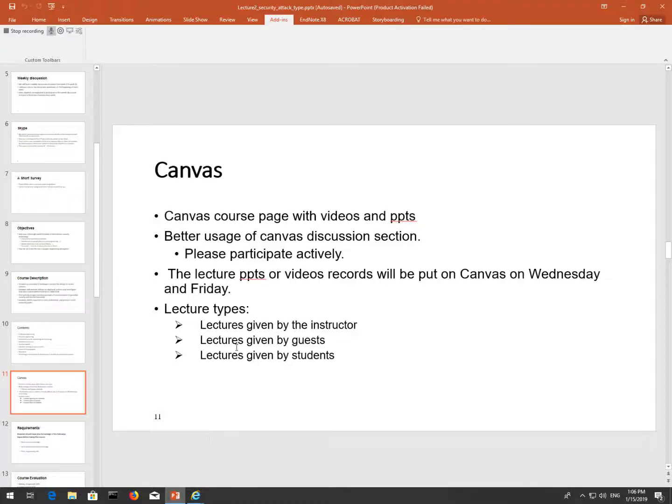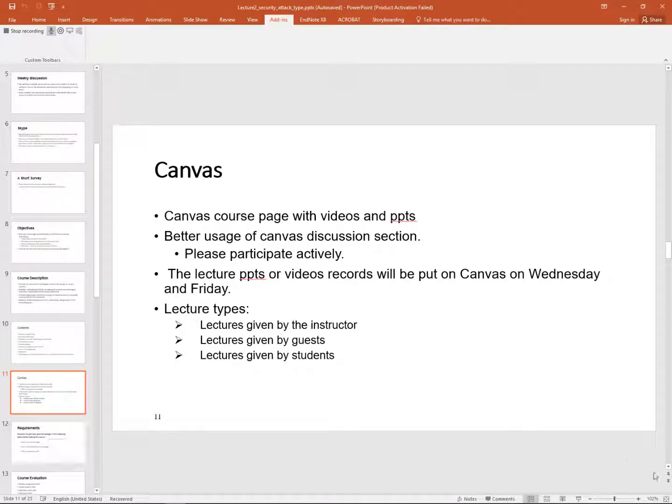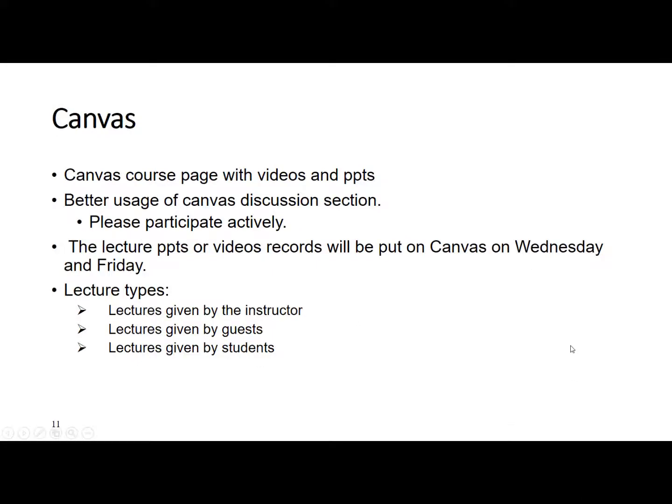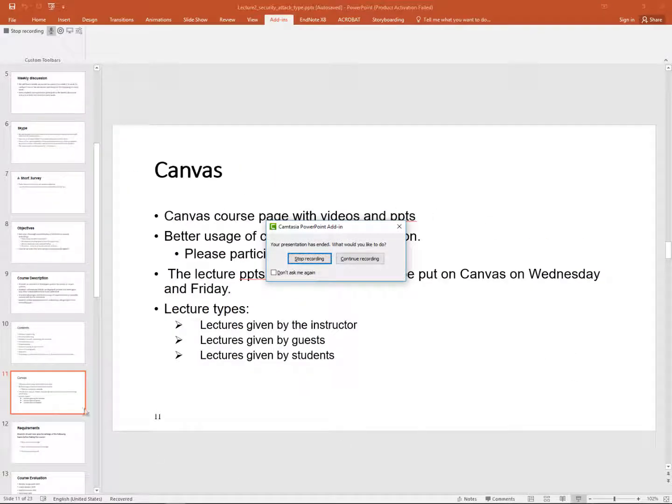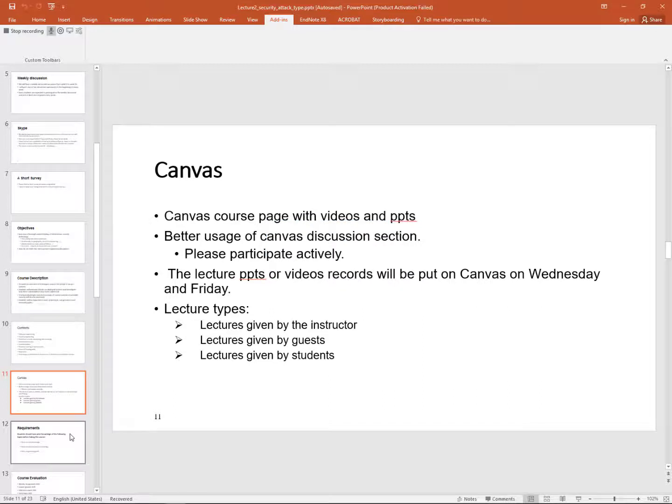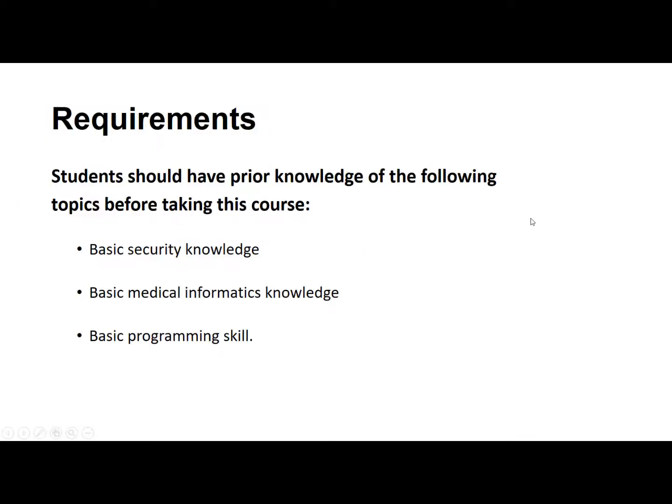Now let's go back to the slides. For the other students, I require that you have pre-knowledge of the following topics before taking this course. Basic security knowledge, that's important. Also, basic medical informatics knowledge. The third is basic programming skill.